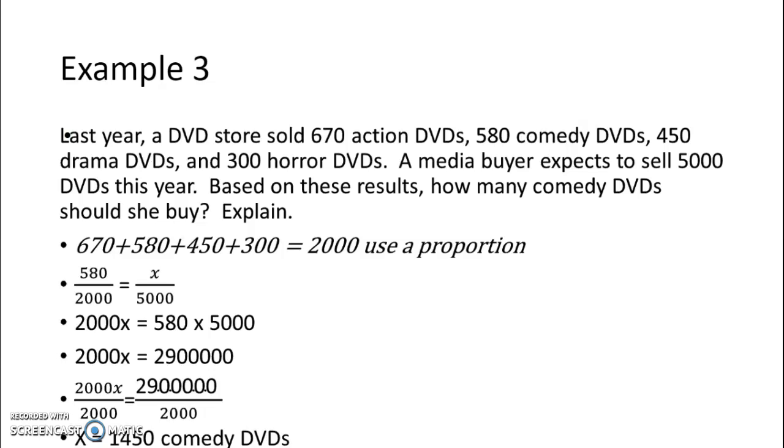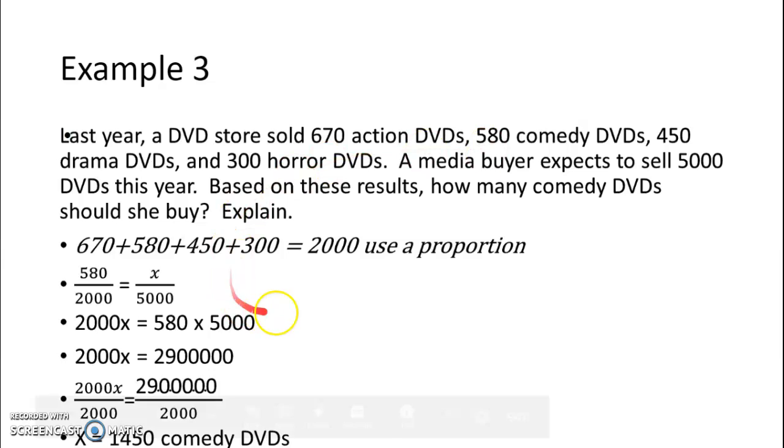So we're using a previous experiment, basically like the business existed and this is how many DVDs were sold, to project the probability for the future. So it's an interesting problem in the way it's worded.